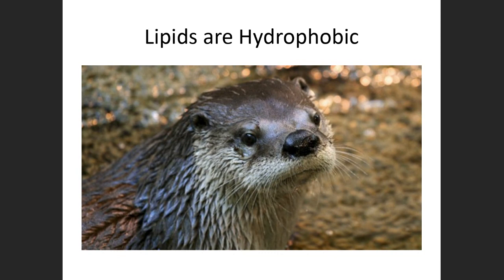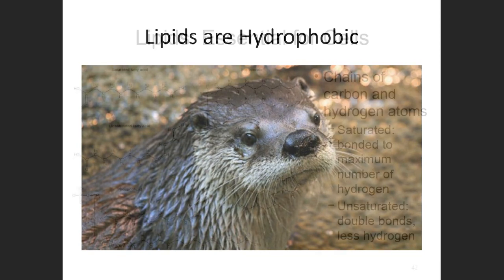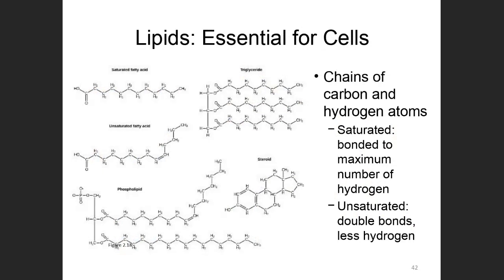You may have seen birds, right? They can come out of the water and their feathers look dry. This is because when they're preening, they're moving oil through their feathers. Lipids are essential for cells. As we're going to talk about later, it's actually what your cell membranes are made of, lipids.